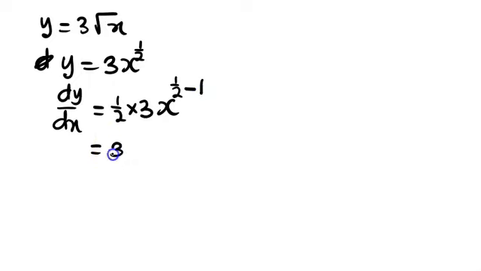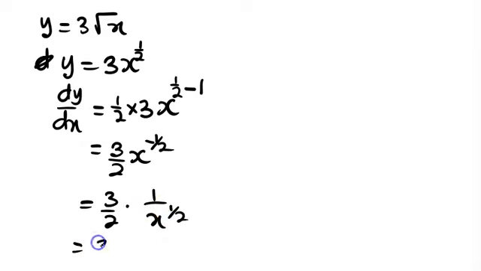So we have 3 on 2 x to the power minus half. We can rewrite this one and say 3 on 2 times 1/x to the power half. So you can rewrite it as 3 on 2 times 1/root x, which is 3/(2 root x).